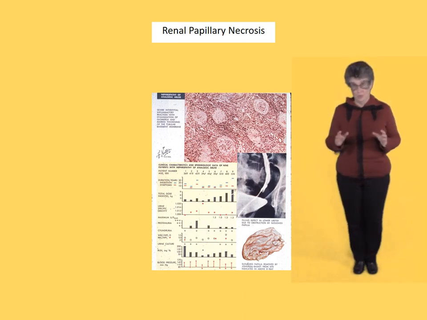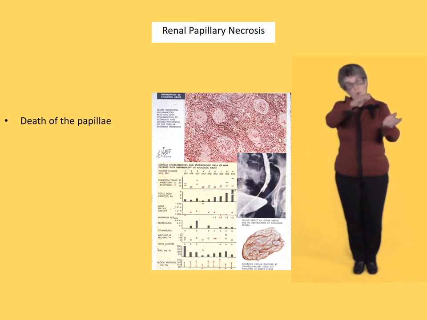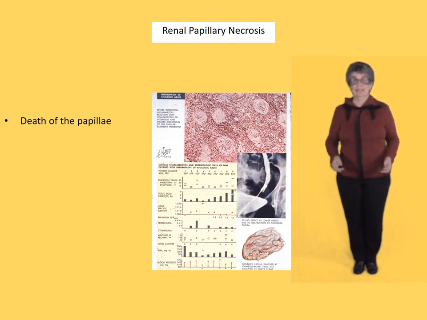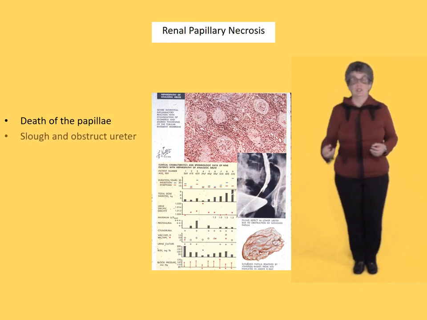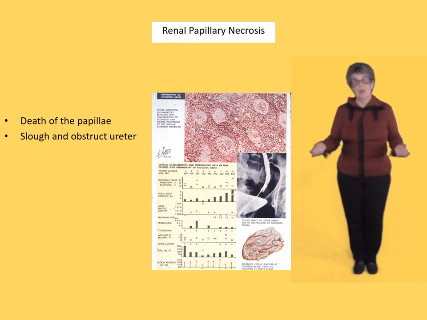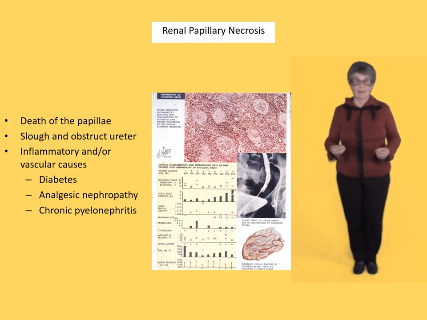Another really important disease in the kidney, though much rarer, is renal papillary necrosis. Now, the papillae are those pointy bits at the end of the wedge-shaped sections of the kidney, and they can slough off and obstruct the ureter. What causes them to slough off? There are two basic things. One, they don't get enough blood, like in diabetes or in chronic pyelonephritis.